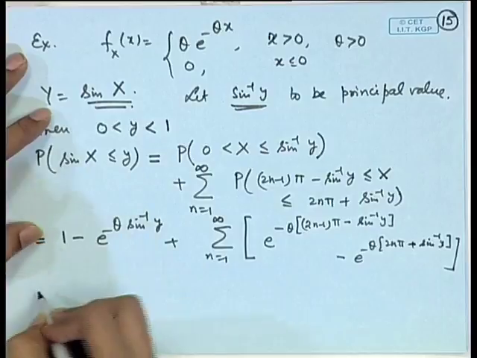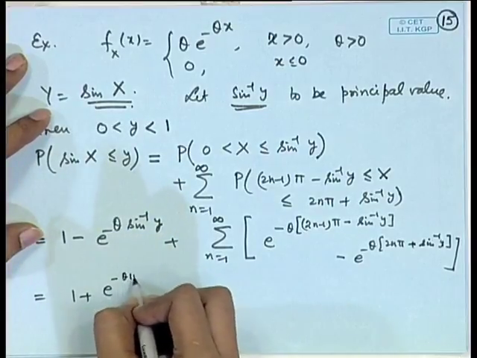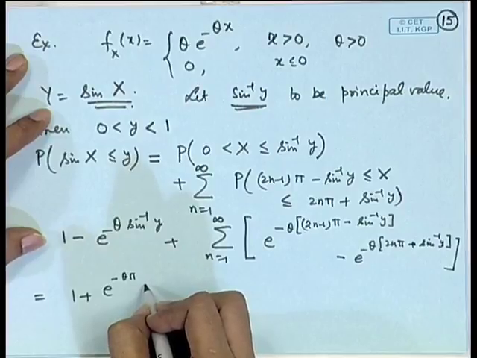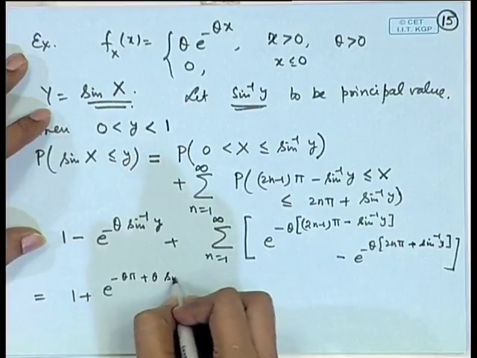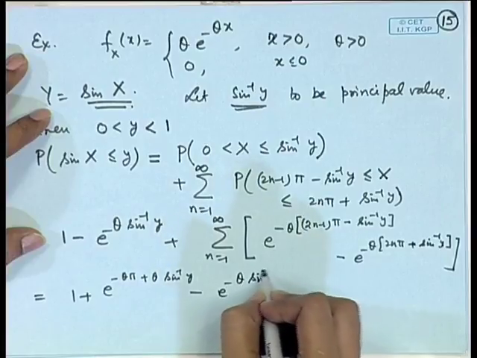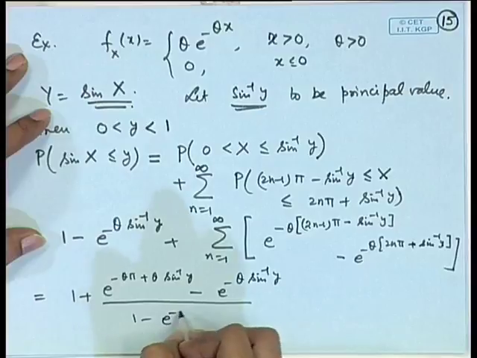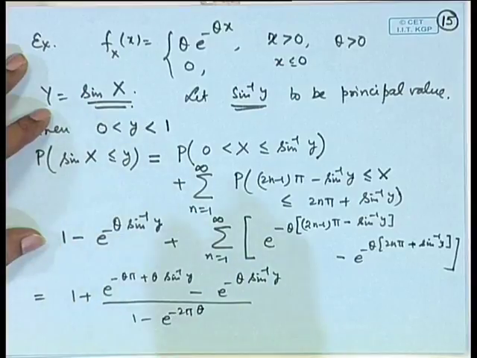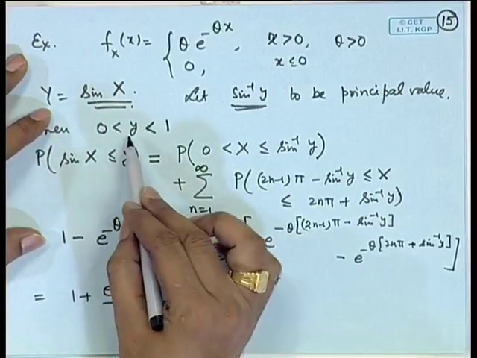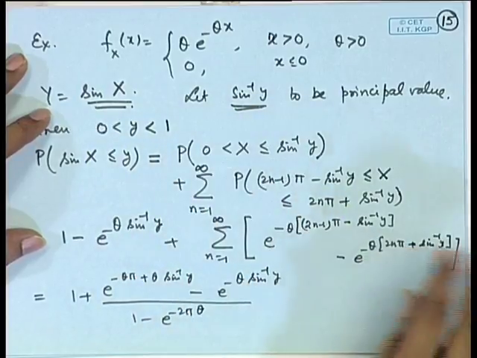So, this is simplified to 1 plus e to the power minus theta pi plus theta sin inverse y minus e to the power minus theta sin inverse y, divided by 1 minus e to the power minus 2 pi theta. In a similar way, if y is between minus 1 to 0, we can split the regions and evaluate.